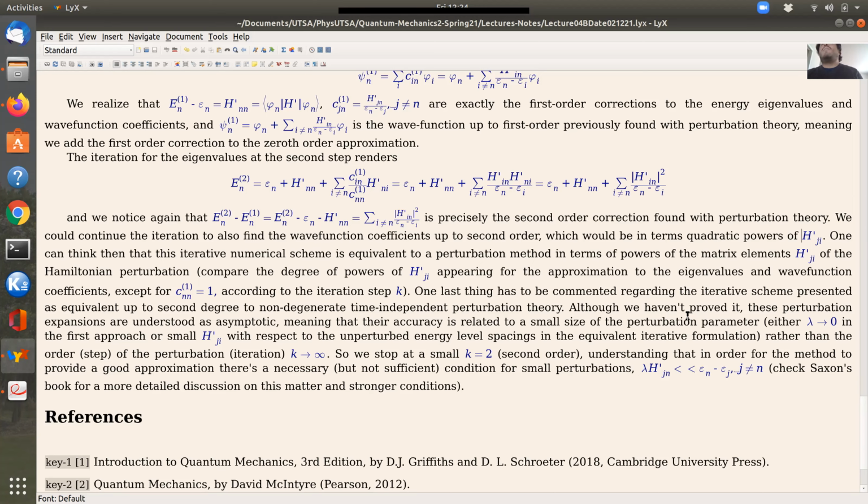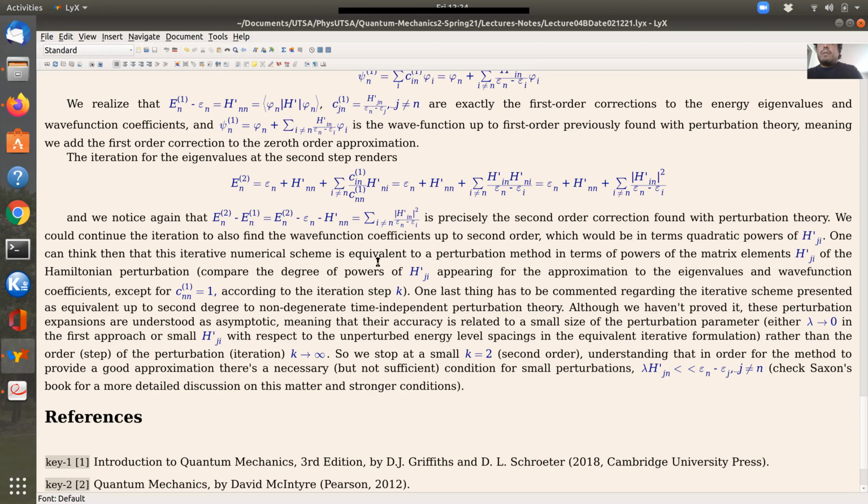It's nice if you multiply the lambda by the matrix perturbation, the lambda will keep track of the order, but you can also think of the powers as keeping track of that order. So again, this iterative scheme is equivalent to a perturbation method in terms of powers of the matrix elements, h prime ji.